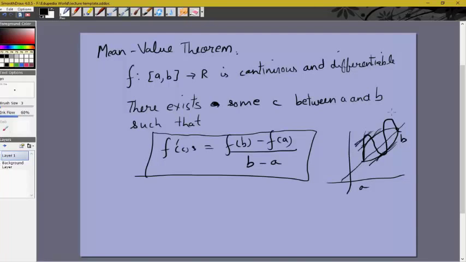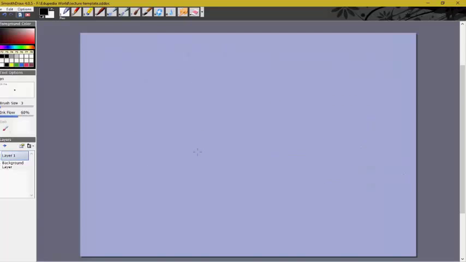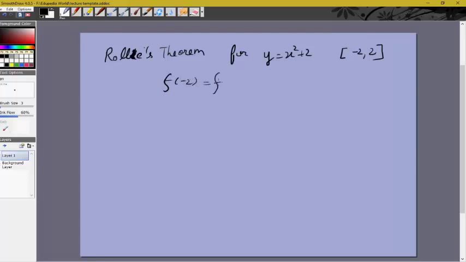Let's, to apply this, try to verify both of them for some functions. Let's try to verify Rolle's theorem for y equals x squared plus 2 in the region [-2, 2].